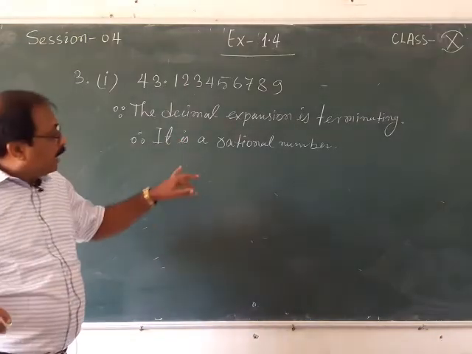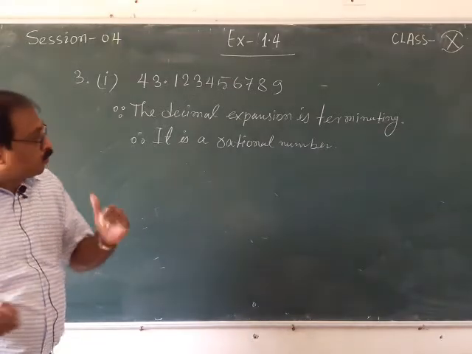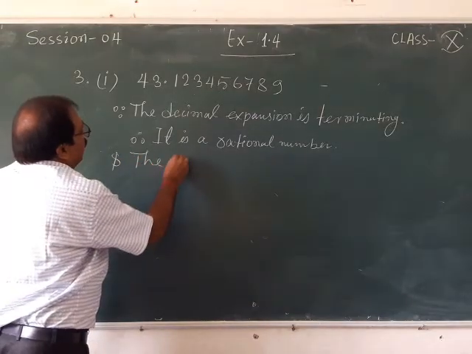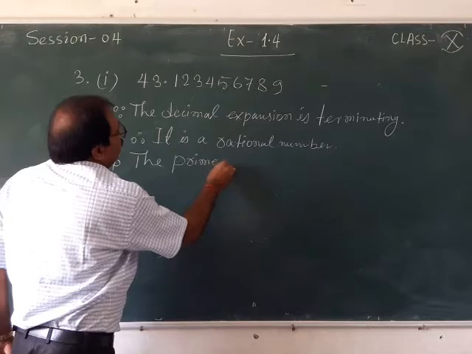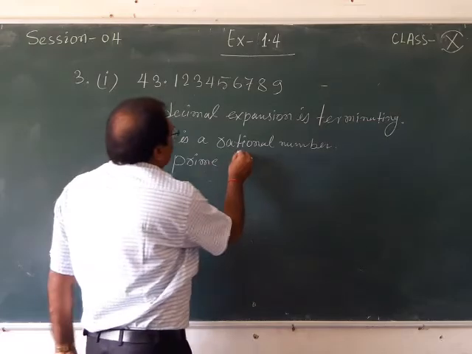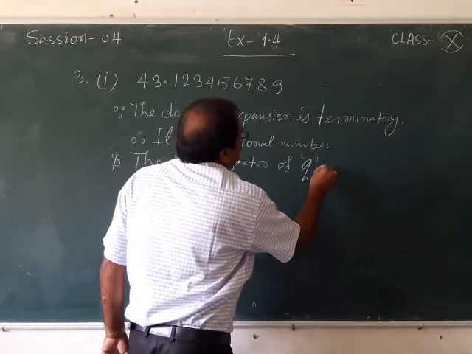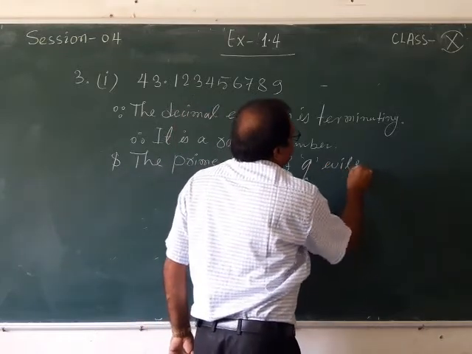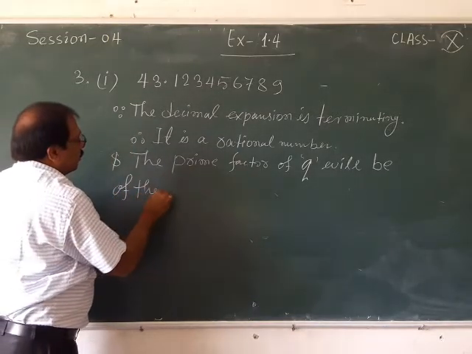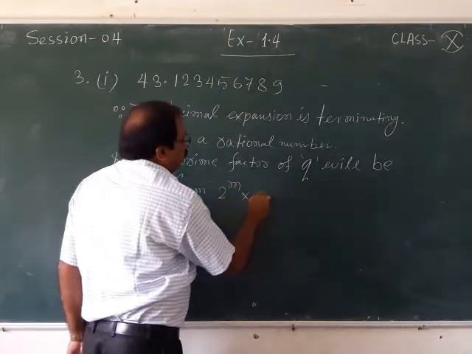Then they are asking what you can say about the prime factors of q. The prime factors of q will be of the form 2 to the power m into 5 to the power n.